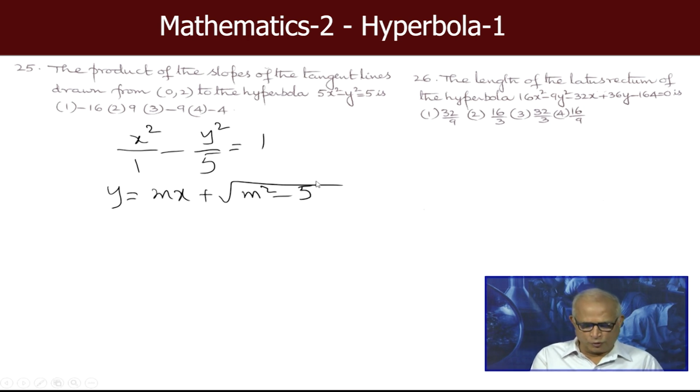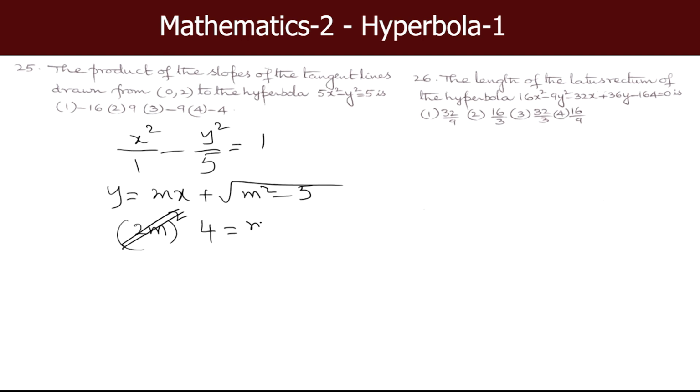This passes through 0, 2 if and only if 2 whole square, 4, equal to m square minus 5, or m square equal to 9. So, m equal to plus or minus 3. So, slopes are plus or minus 3, and the product of the slopes is minus 9, the third option.